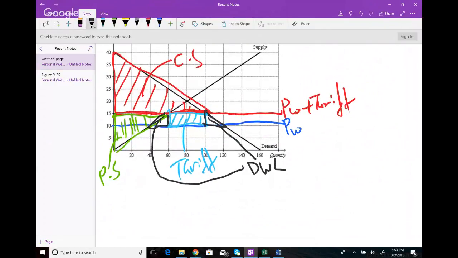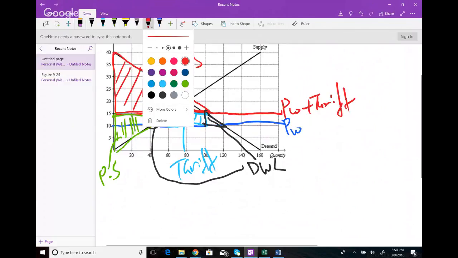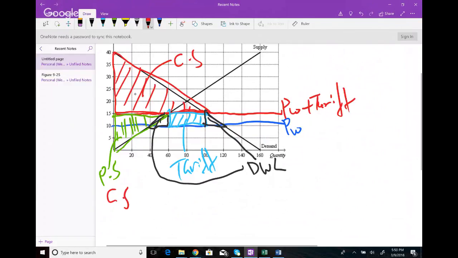So consumer surplus. Let me stay with the same color. Again, the vertical difference is from 40 to 15. So 40 minus 15 times the horizontal difference, which is up to 100, divided by 2.